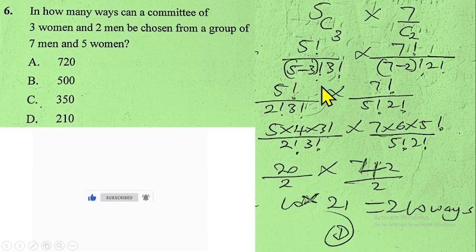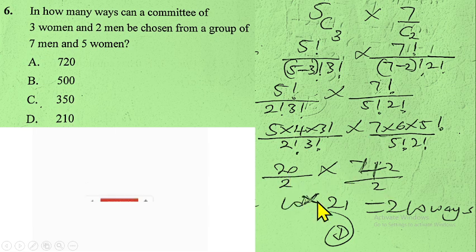Then we can expand this one to be 5 times 4 times 3 factorial, so that 3 factorial can cancel 3 factorial here. Also, you can expand this to be 7 times 6 times 5 factorial over 5 factorial, so 5 factorial takes care of 5 factorial here. So technically, we are left with 5 times 4, which is 20, divided by 2 factorial. 2 factorial is 2, times 7 times 6 is 42, over 2 factorial as well, that is 2 also.